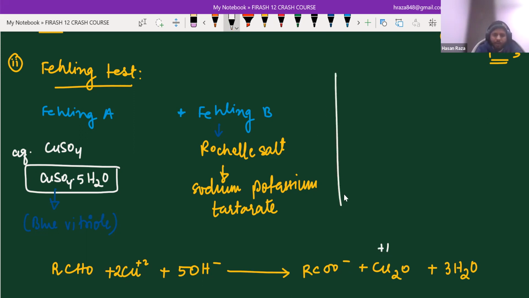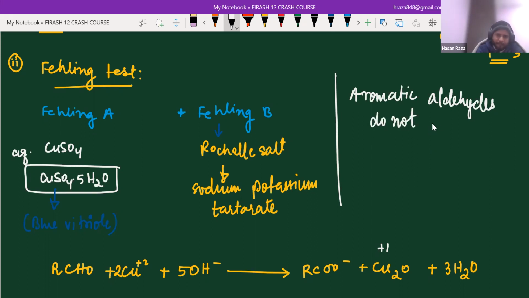Also, it is very important to note that it is a mild oxidizing agent, and not all aldehydes can give this test. Aromatic aldehydes do not respond to this test.